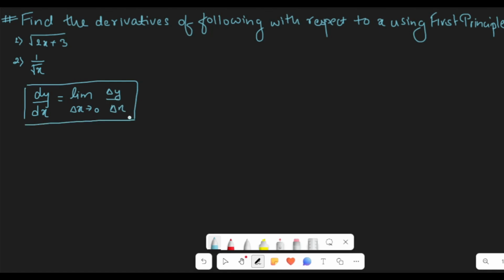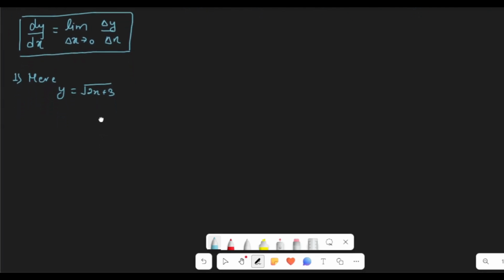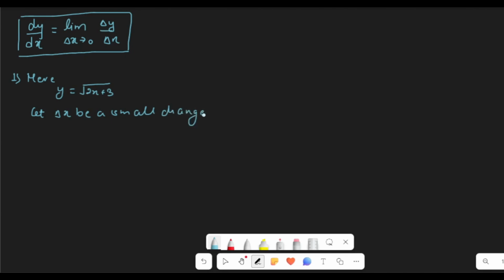Now, we are going to solve question number 1. First, we consider this to be y. y equals root 2x plus 3. Then, we know we have to state what del x and del y are. Now, let del x be a small change in x. We have to do this every time we are using first principle.